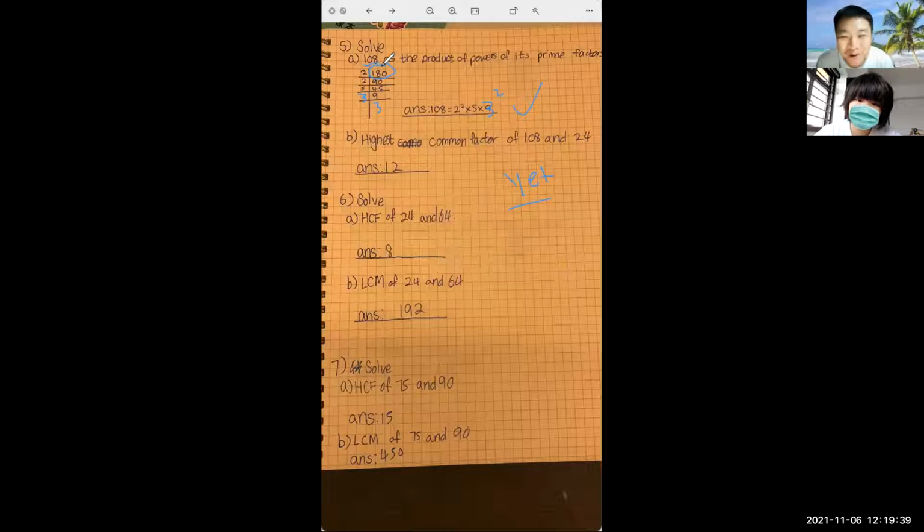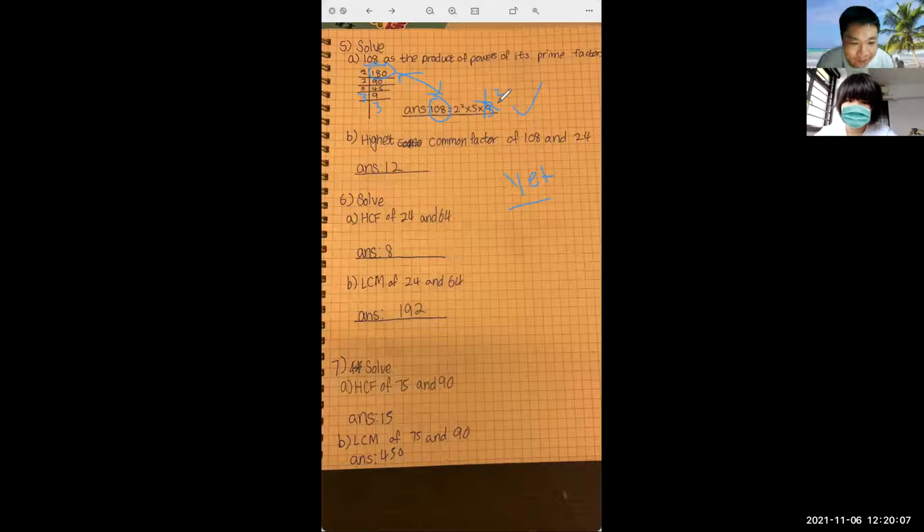So what is this? Do you do 108 or do you do 180? Okay, so never mind. Basically, the question is 108, but you went and did 180. So this is wrong. So in a way, you made a careless mistake.